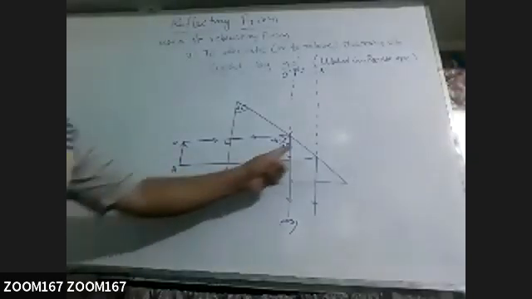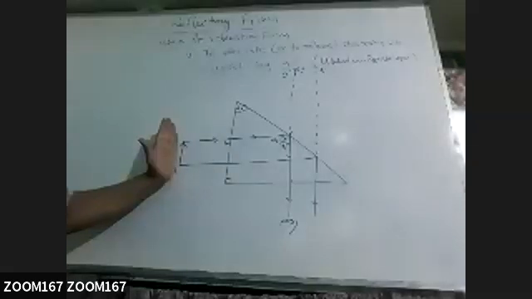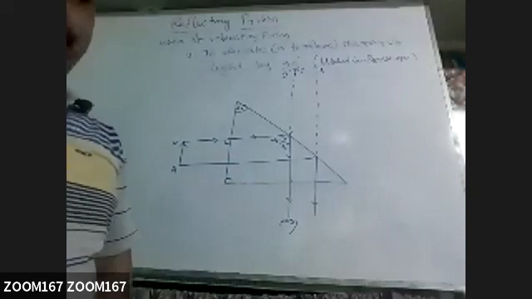So the ray has turned by 90 degrees. The object which was vertical is now appearing horizontal. So this is used in a periscope.